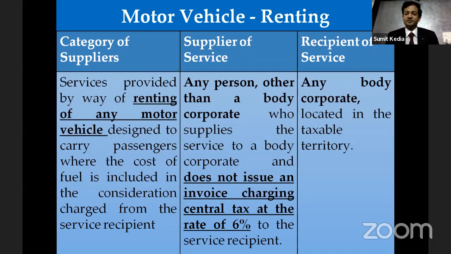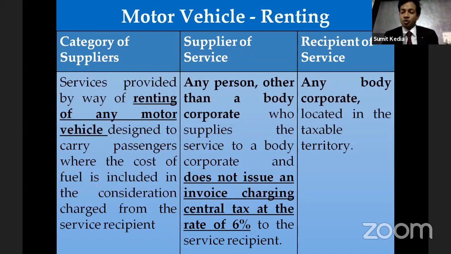So basically 12%. In renting a motor vehicle, they have two options: either they can go under 5% or 12%. So if the supplier is not charging 12% on the invoice, CGST 6%, SGST 6%, then only this entry will apply.